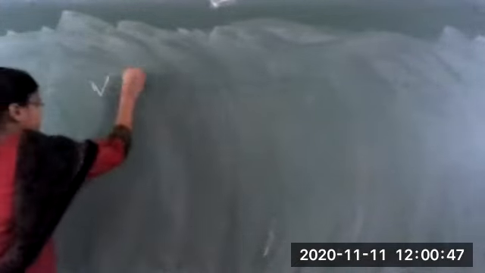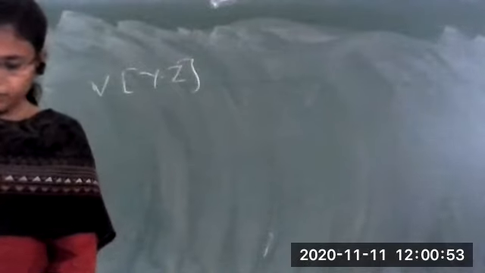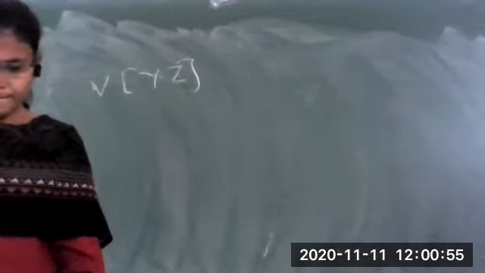We have to go for the fourth one. Let us prove it. So what is the fourth one? Instead of taking a covariant derivative here, we have taken V of Y dot Z, where Y and Z are any two vector fields. We have to find out the answer.